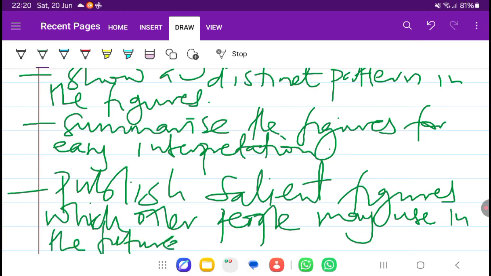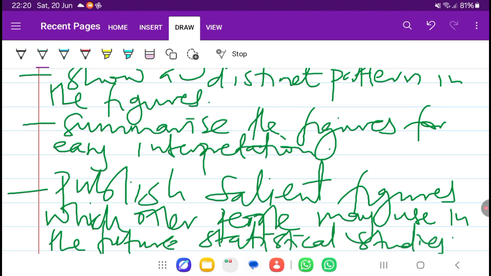For statistical studies in the future, because this information, once we publish it, you can't publish the information when it is disorganized. So when you publish it, other people can use it when they are carrying out their research, as what we call the secondary data.